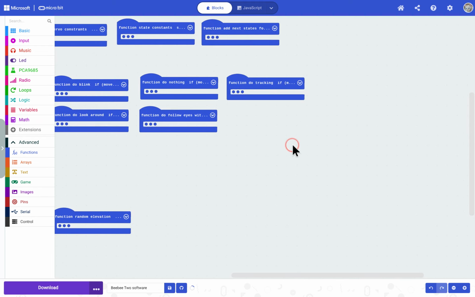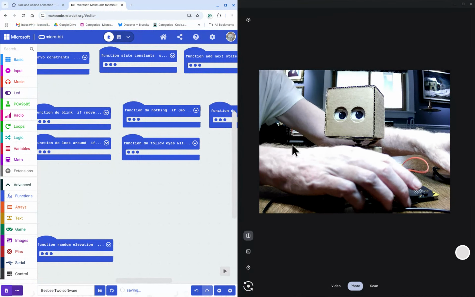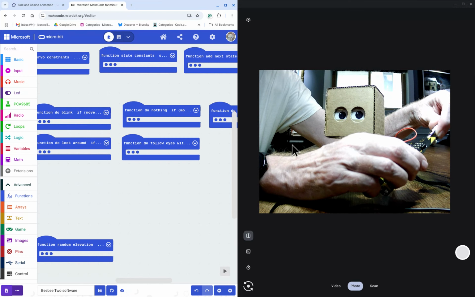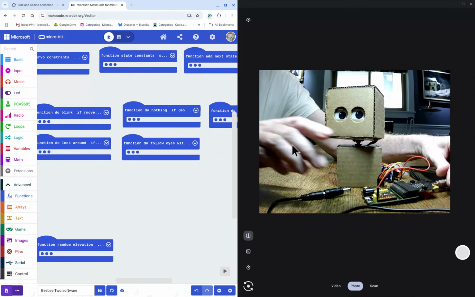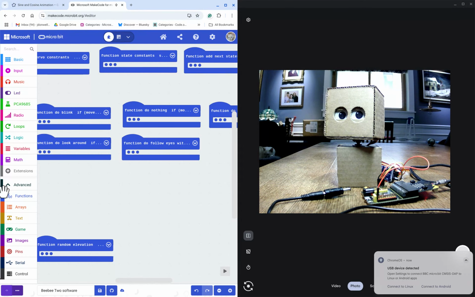Now we did make a change, and what that means is that we need to test the change that we made. We always want to test after we make changes.